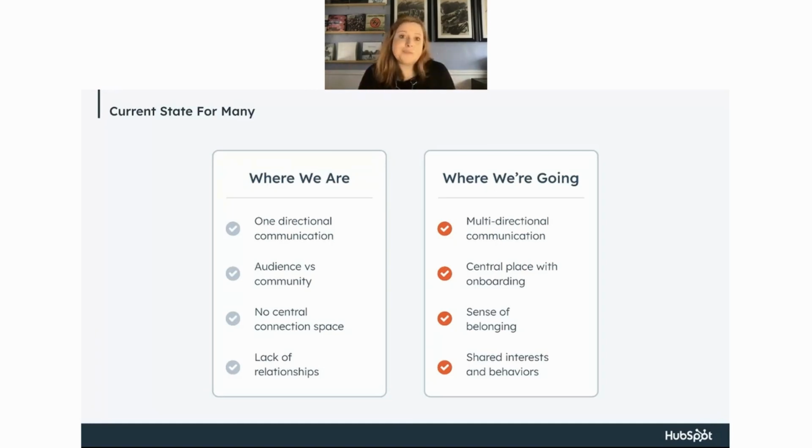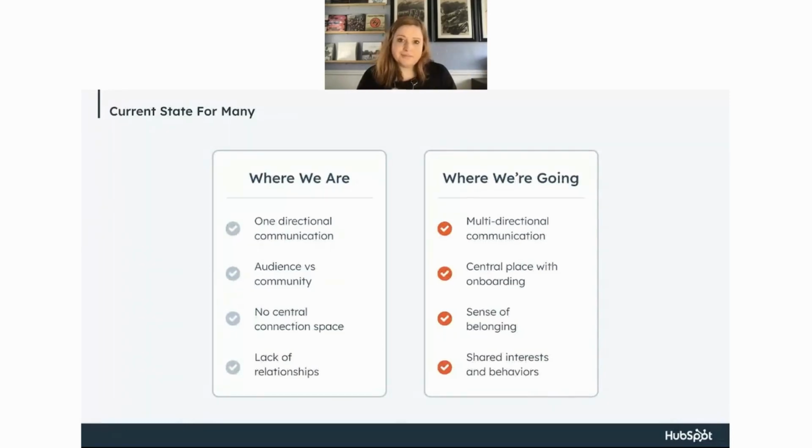Oh, I found my people. I found the space where I'm wanted. That's an incredible emotional power. And when you have those shared interests and behaviors and you feel like you're connecting with others, that is going to be a strong reason why you're pulled and you want to return.